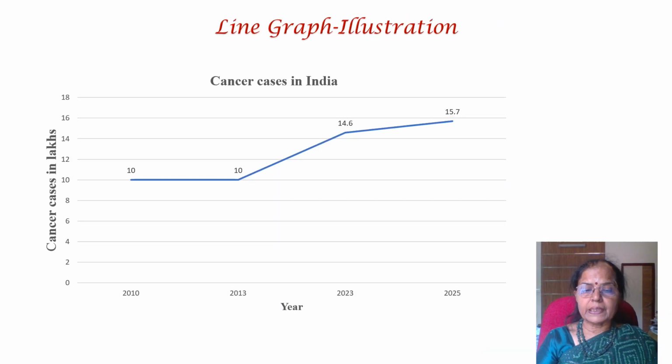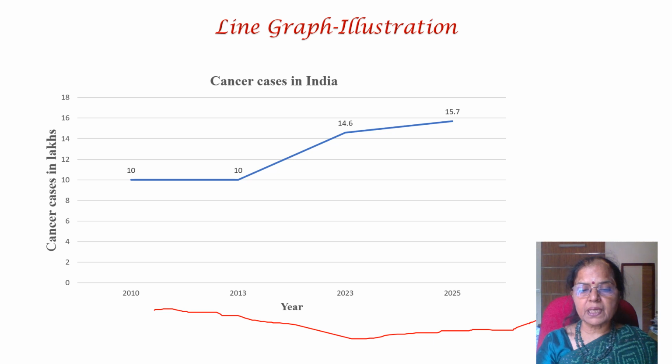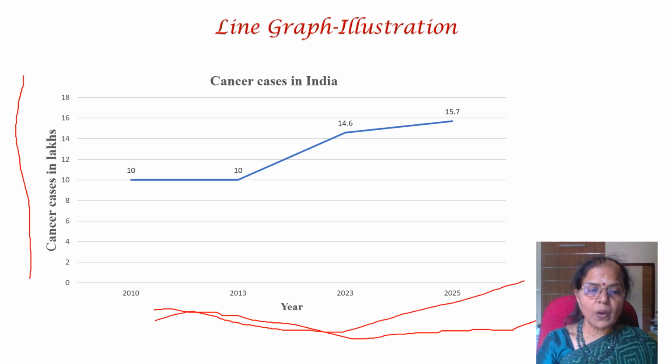Now, look at this graph carefully. This is a line graph showing the number of cancer cases in India. And see, this is the x-axis where year is plotted. This horizontal axis is the x-axis. And this is the y-axis. The vertical axis is the y-axis where the number of cancer cases is plotted in lakhs.